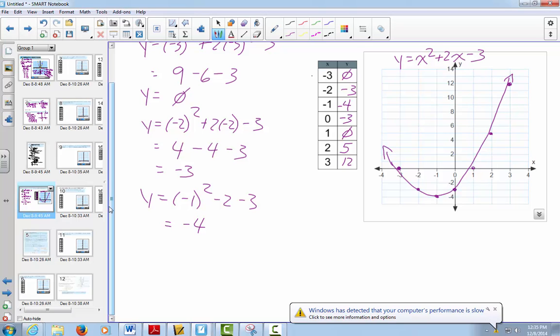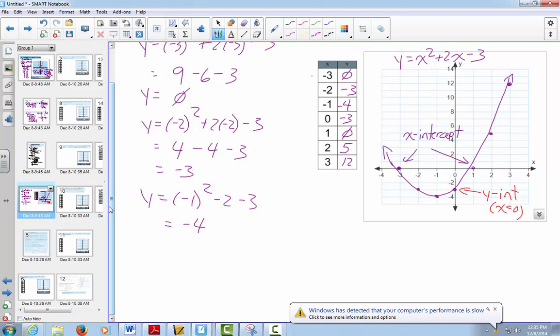You need to note some points here. Those are the x-intercepts. Those are the points where it crosses the x-axis. Notice y is equal to 0 when those happen. Over here, we have the y-intercept. X equals 0. Really important.